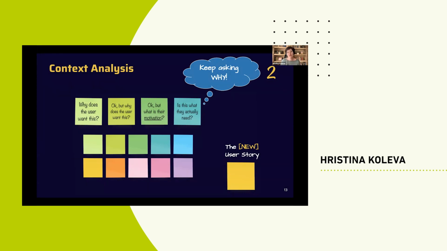We cannot stop asking why. We can keep asking it all the time, and there will still be new knowledge revealed. There will still be new learnings. At the end of the context analysis, very often that initial user story no longer exists. It has turned into a new user story or several other new user stories. This context analysis makes sure that the entire team is on the same page about the actual user motivation.